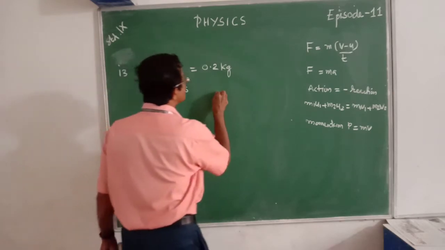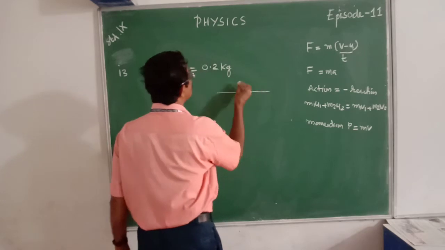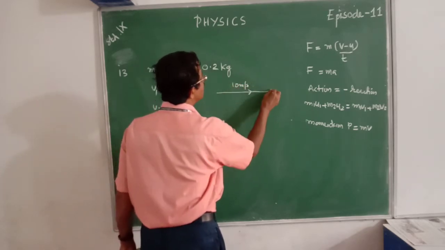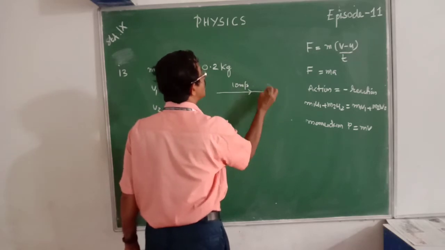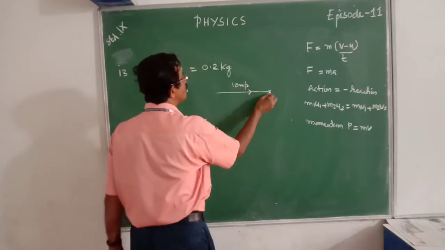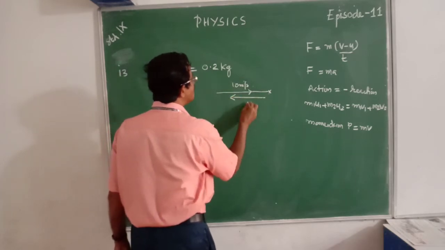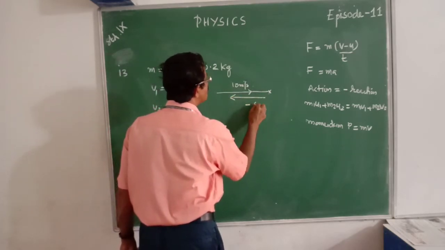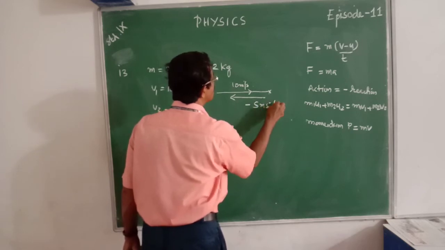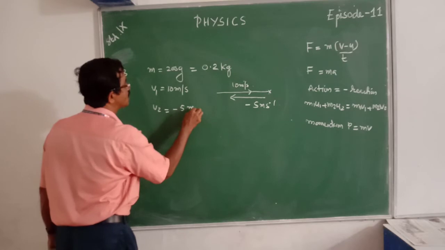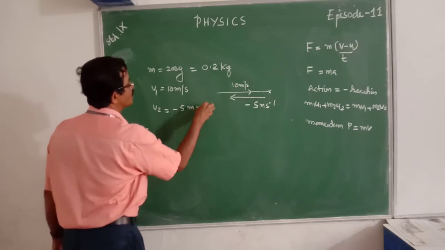See, here the hockey ball is first moving at 10 meter per second, and by hitting with a hockey bat, it is returning in this direction. Now the direction has changed, so this is minus 5 meter per second. So v2 is minus 5 meter per second.